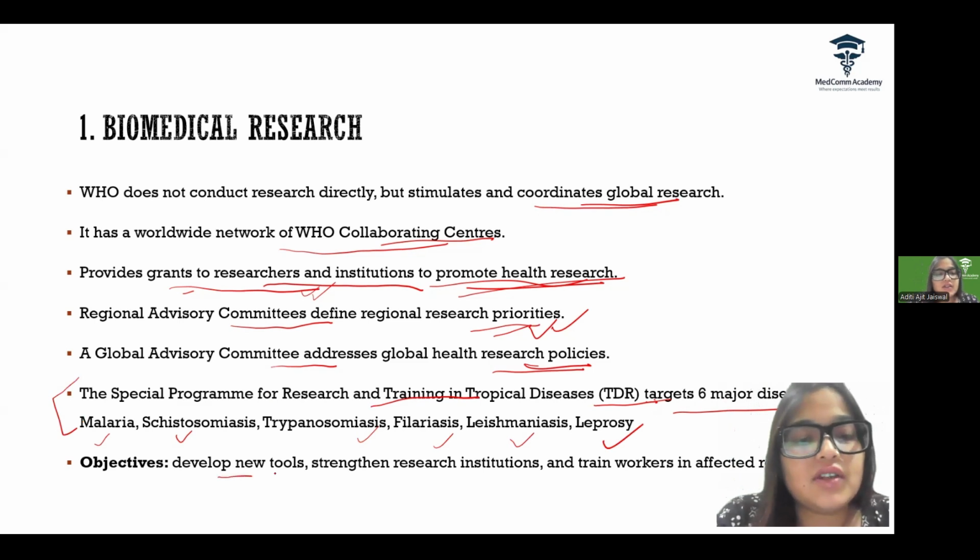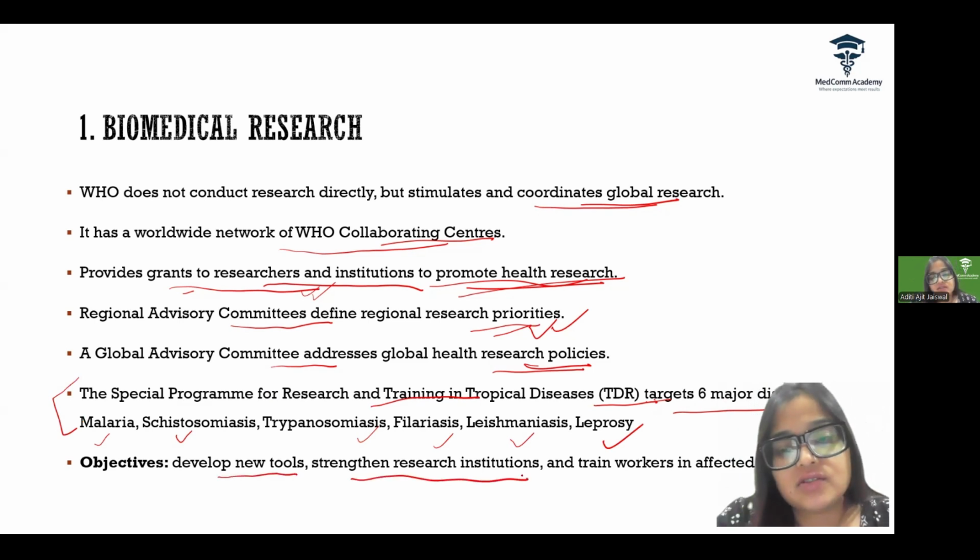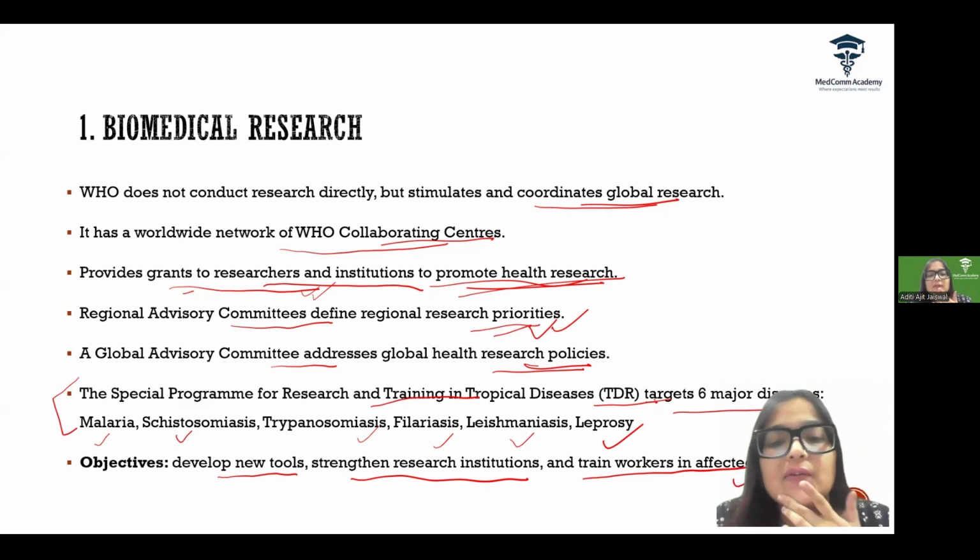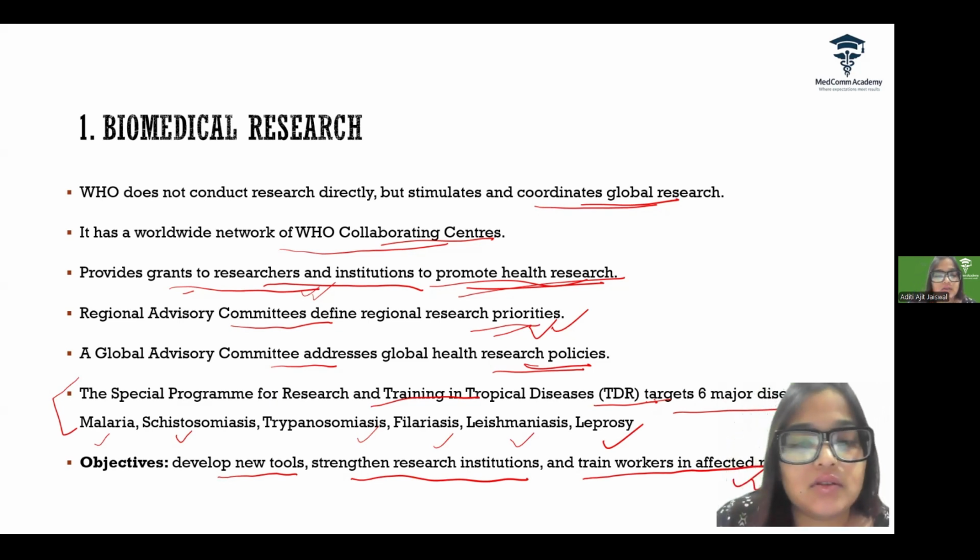Basically, the objective is to develop new tools, strengthen research institutions, and train workers in affected regions. If they have a good workforce, they can better deliver their policies in that particular region. So they even train the people working at the grassroots level.